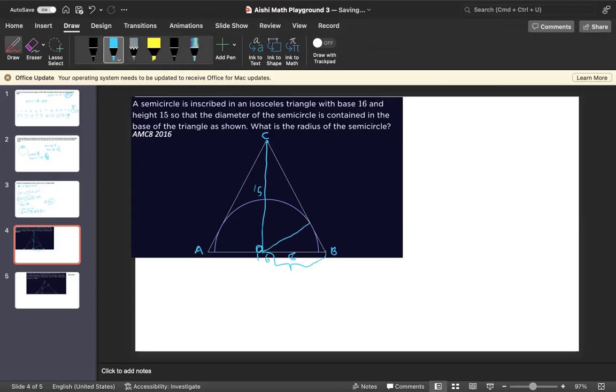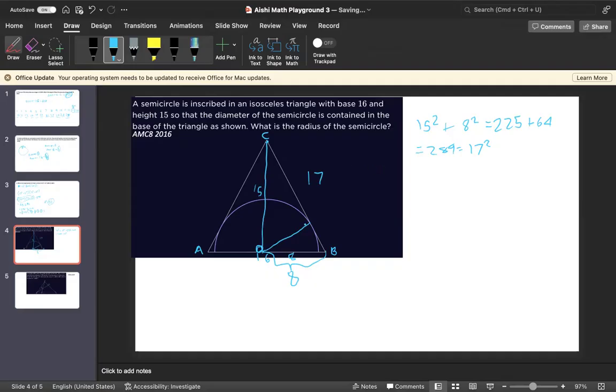Now we can use the Pythagorean theorem to figure out the length of CB, or BC. 15 squared plus 8 squared is equal to 225 plus 64, which is equal to 289, which is equal to 17 squared. So we know that BC is 17.